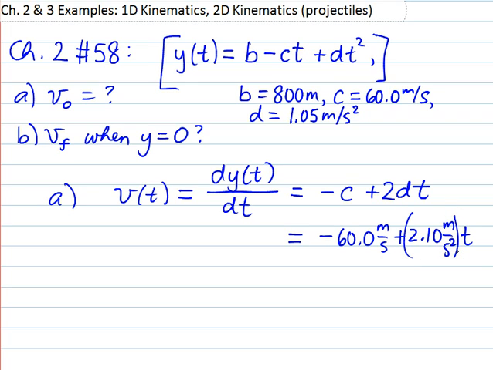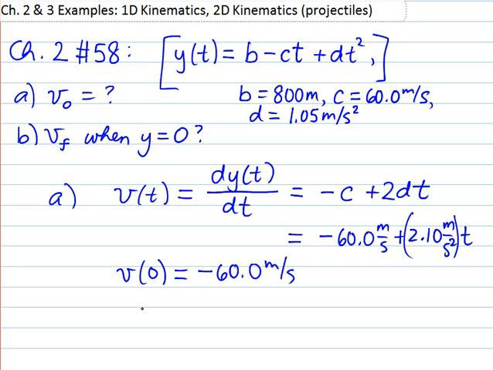Okay, but what we want is the speed when t is 0. So we plug in a 0 and we see that our initial speed is negative 60.0 meters per second. So that's pretty straightforward.